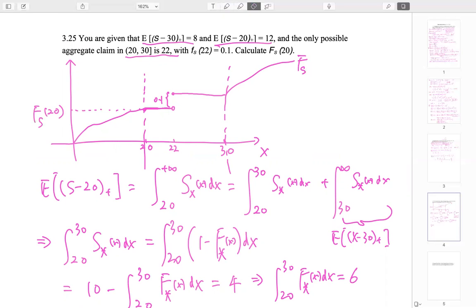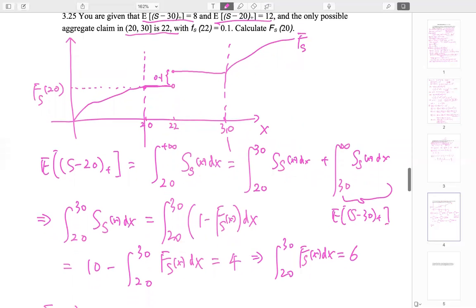So let me change. This part I need to erase. This is not X, so I need to change everything to S because that's what the question is about. Okay. So here's S, here's S, here's S, everything's in S. Okay. Now let's do the integral.